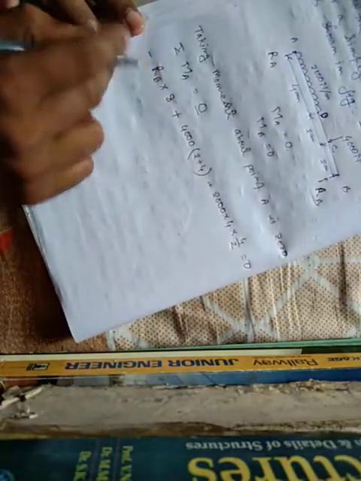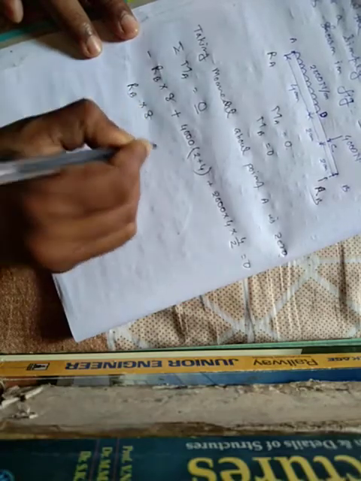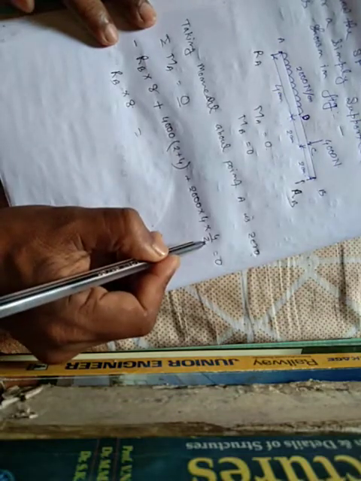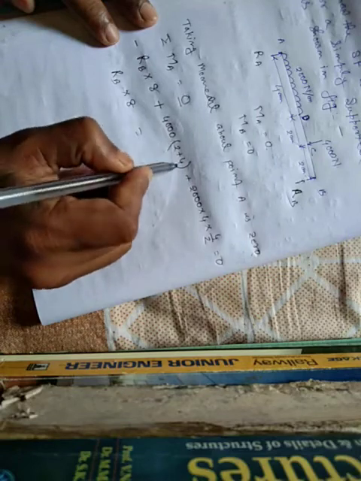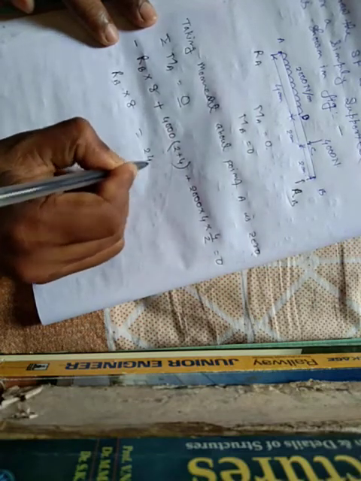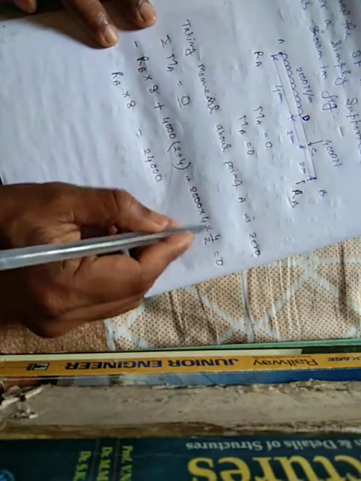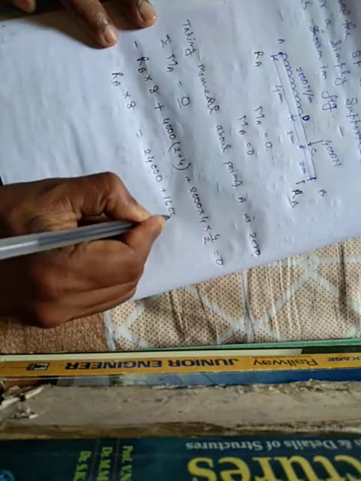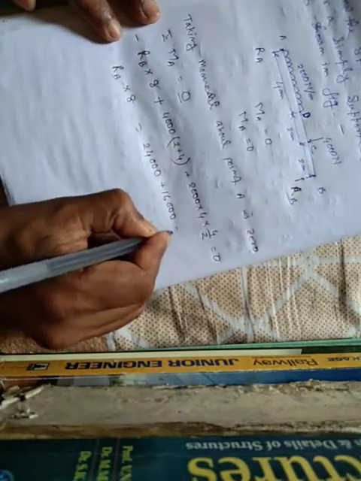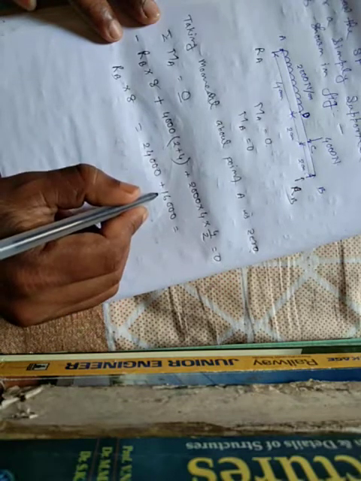Now find out RB, reaction B. So RB into 8 is equal to 4 into 6, 24,000, and this is 8 into 2, 16,000, which is equal to 40,000.